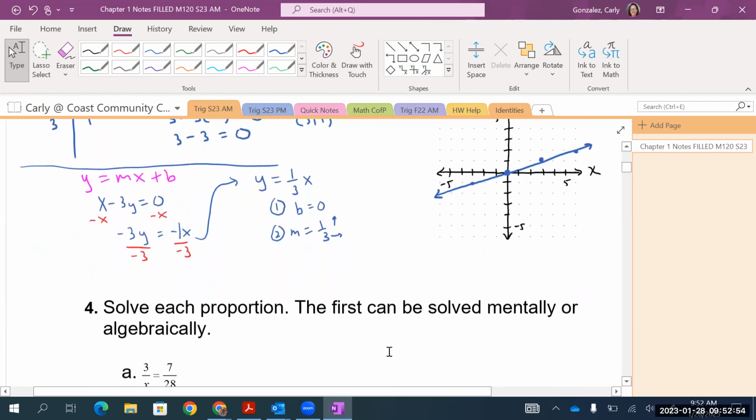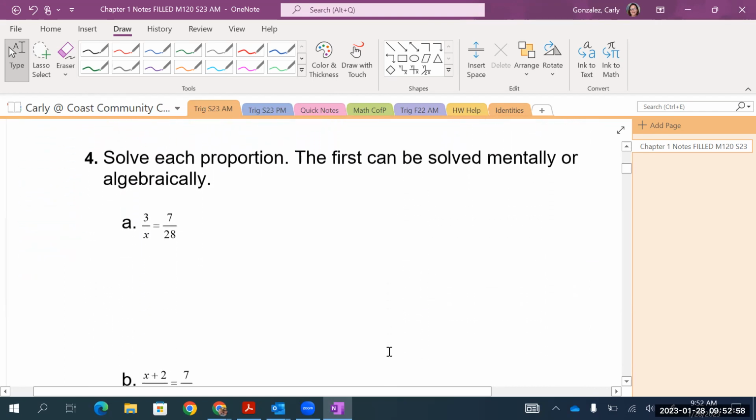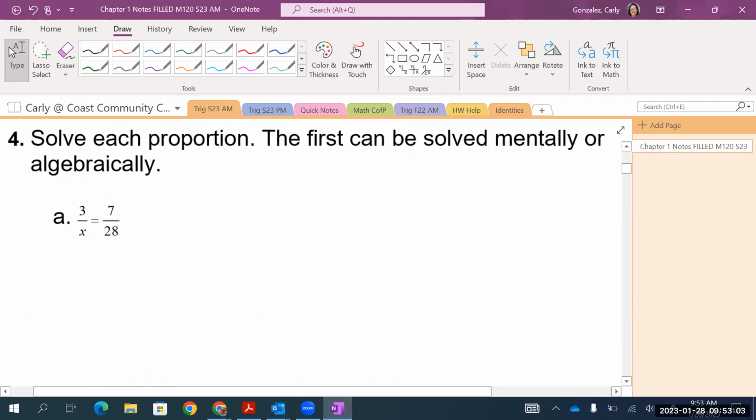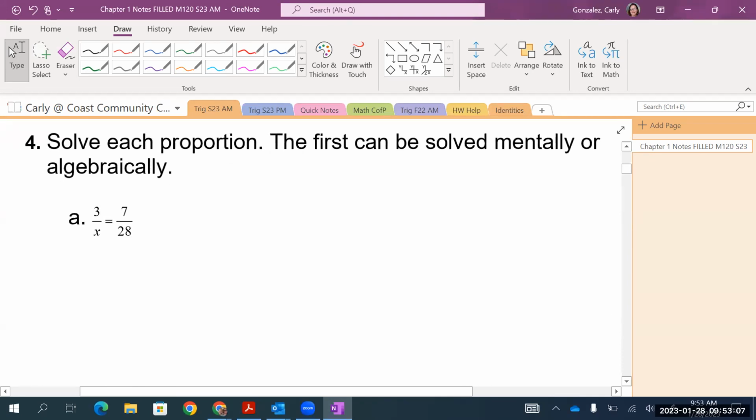Let's move on. Next, we're going to work on solving proportions. So first, this first problem, 3 over x equals 7 over 28. This can be solved mentally, and I would encourage you to push pause and see if you can reason through that solving.